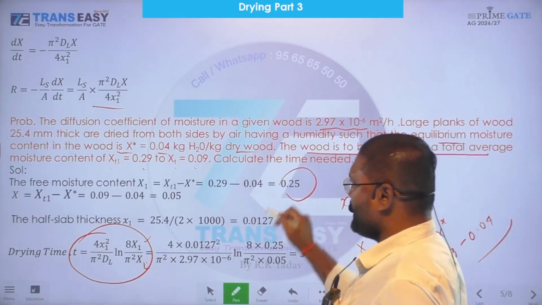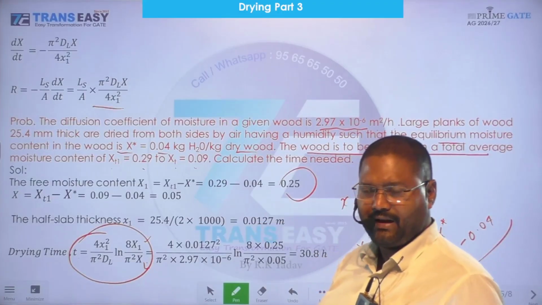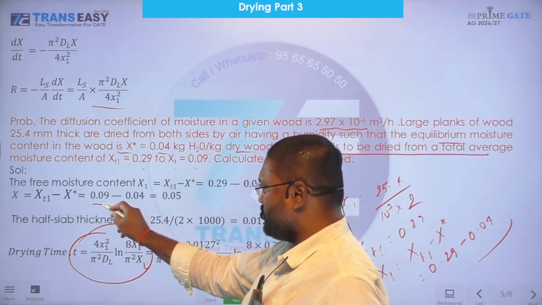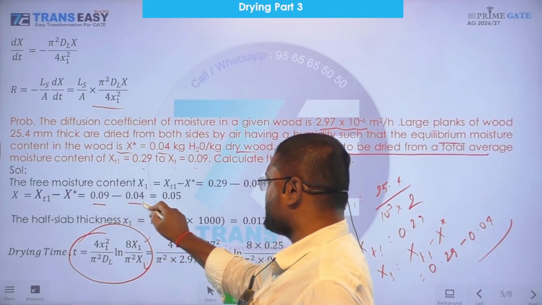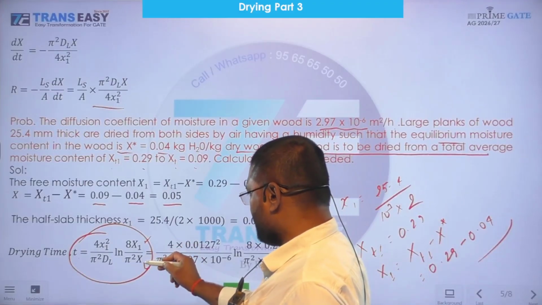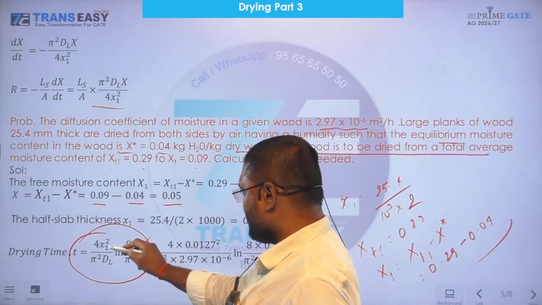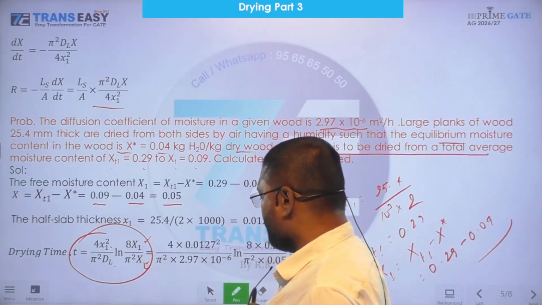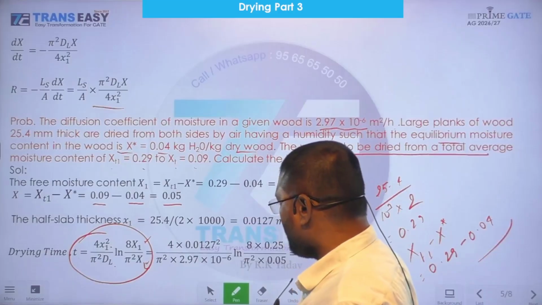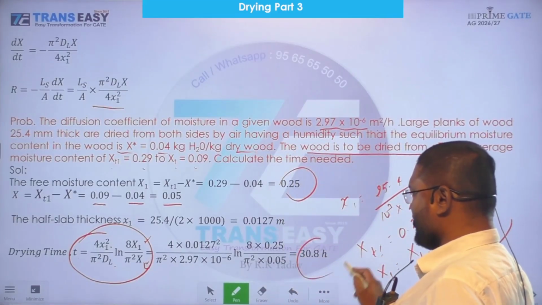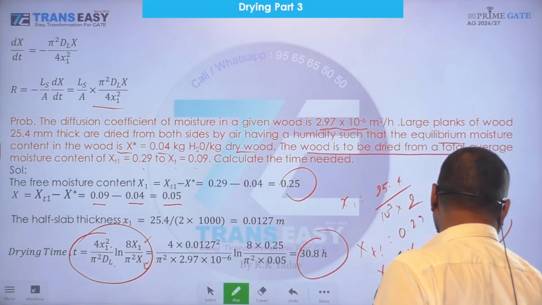So here we have the initial free moisture content, and similarly the final free moisture content is the final total moisture content minus equilibrium moisture content, this, right? So we have x1 and x. Small x1 and Dl are given in the problem, in meter square per hour. Put these values and get the answer in hours, right?